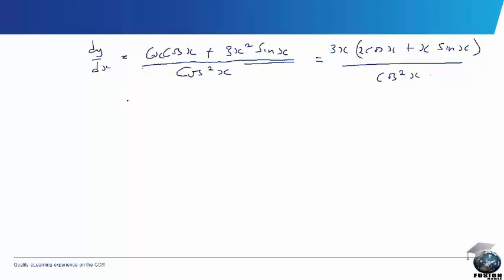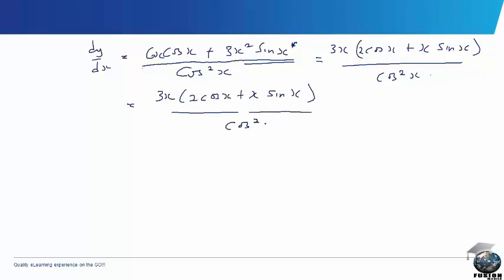You can simplify further by saying this becomes 3x, 2 cos x. I think once you've gotten to this point, you have arrived at the most important outcome. Every other thing you can do is to simplify to get the outcomes easier.